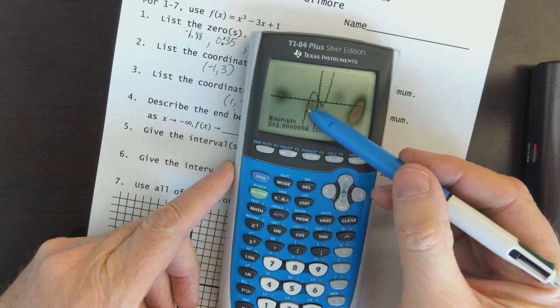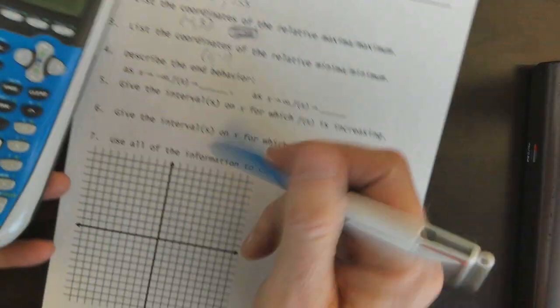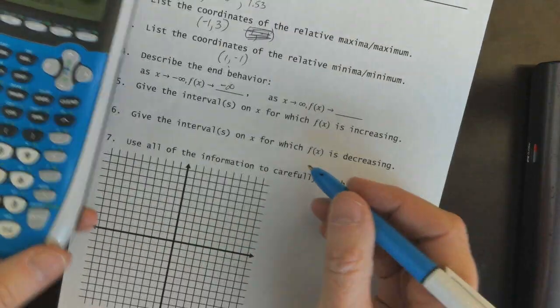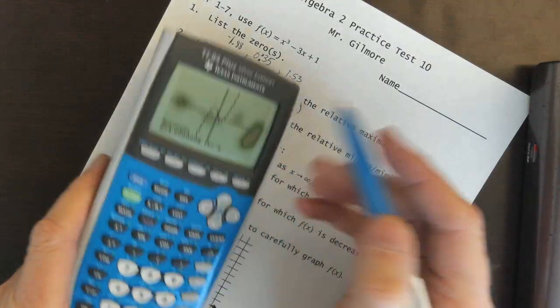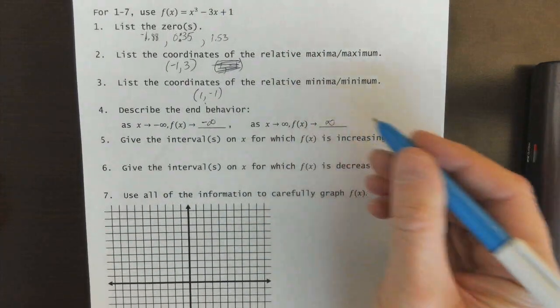As x approaches negative infinity, f of x approaches negative infinity. As x approaches positive infinity, f of x approaches positive infinity.